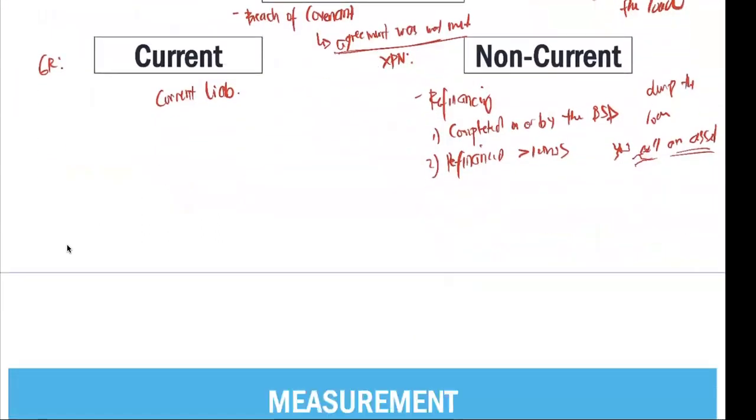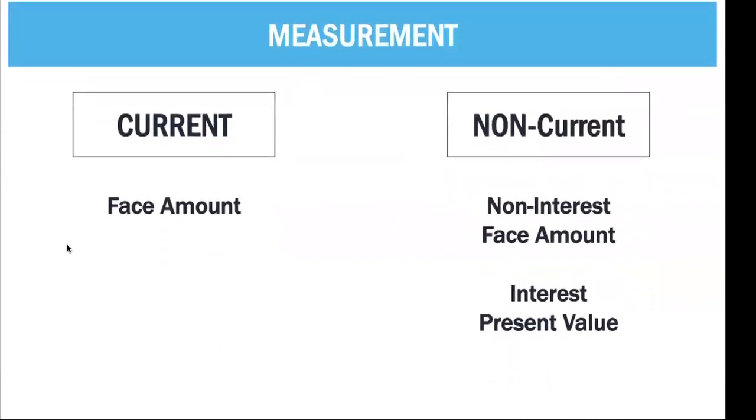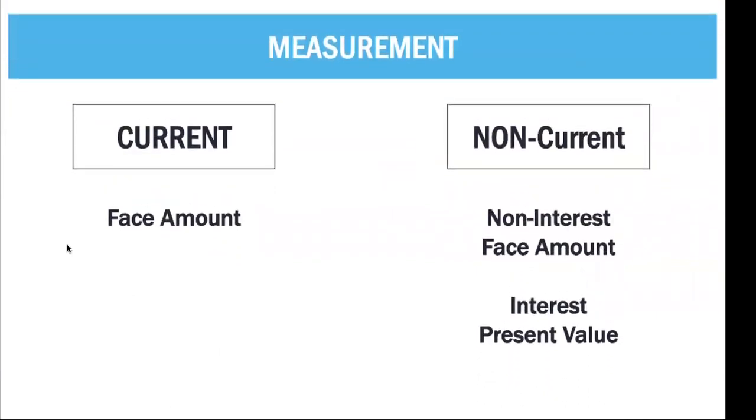And then lastly, we talk about the measurement of your liabilities. How do we measure your liabilities? Your current liabilities are measured at face amount. Whatever is the amount of that liability, let's say it is 10,000, then the liability should be measured at 10,000.